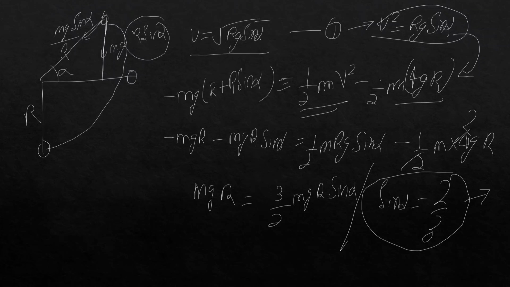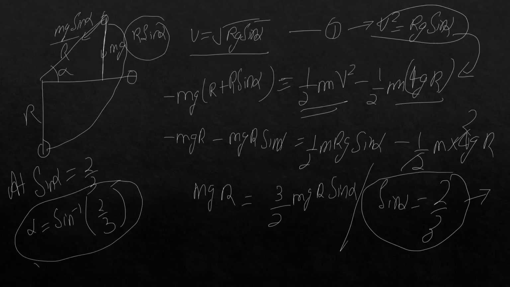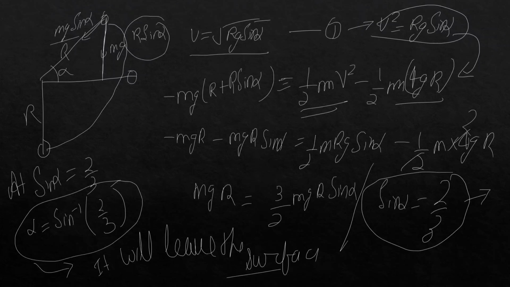Now we have got sin alpha is equal to 2 by 3. It means alpha is equal to sine inverse 2 by 3. It will leave the surface. Now you have understood, it will leave the surface at alpha is equal to sine inverse 2 by 3.